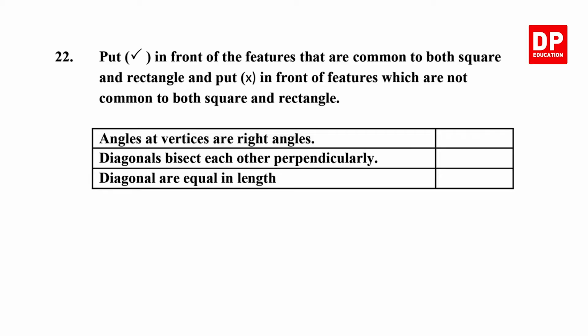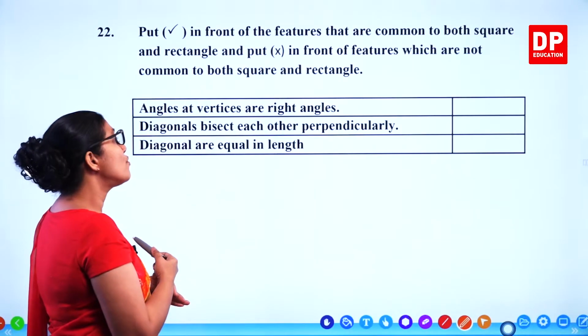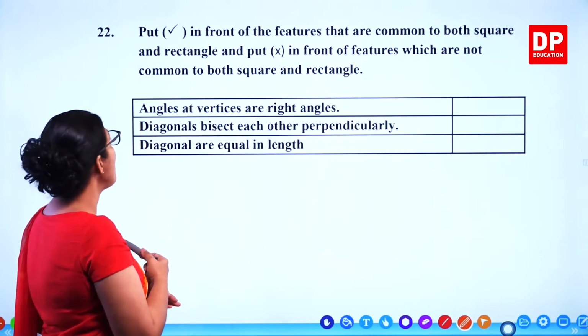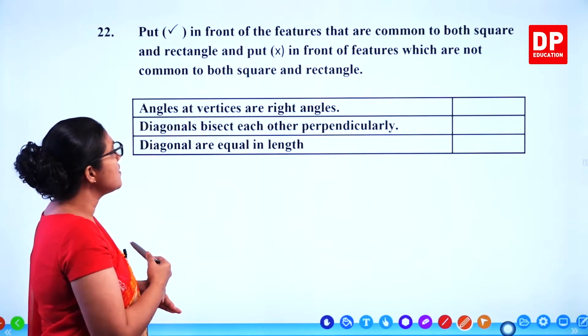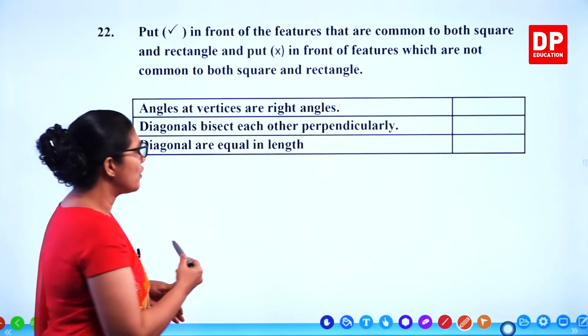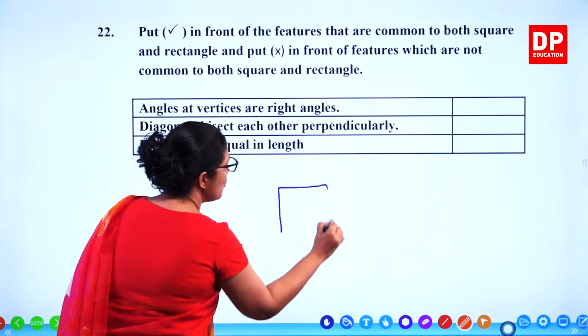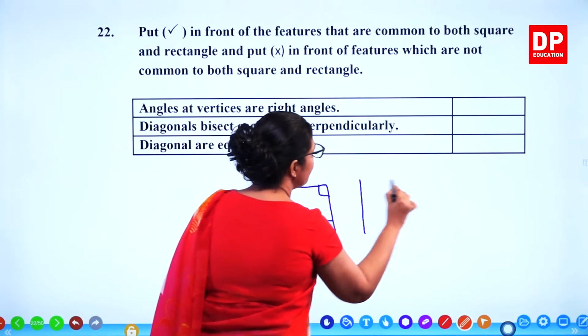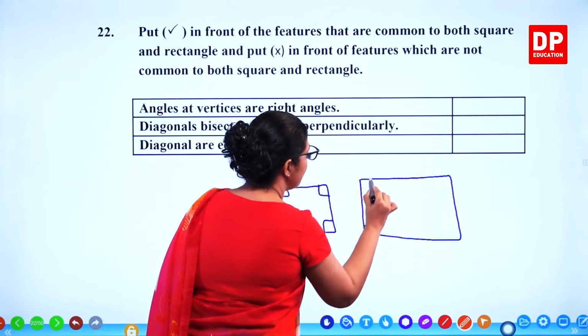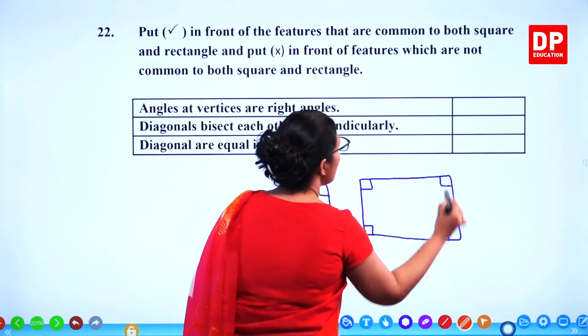Question number 22. Put a correct sign in front of the features that are common to both square and rectangle, and put a cross sign in front of features which are not common to both square and rectangle. Angles at vertices are right angles. So both are right angles. When you take a square or a rectangle, 90-degree angles are there. That's correct.